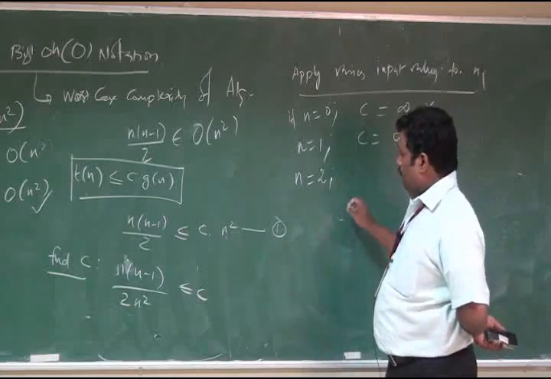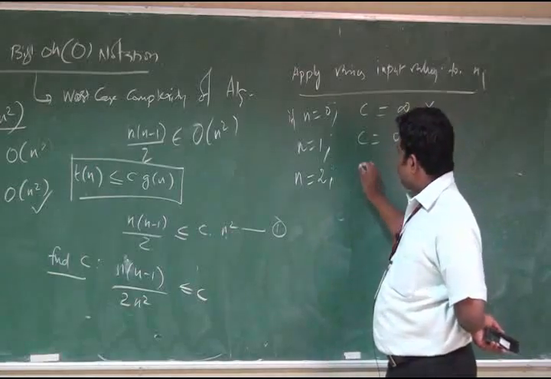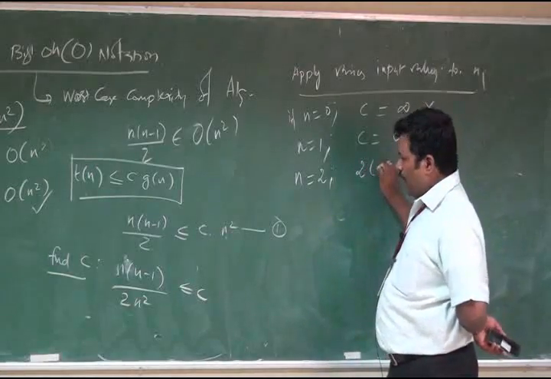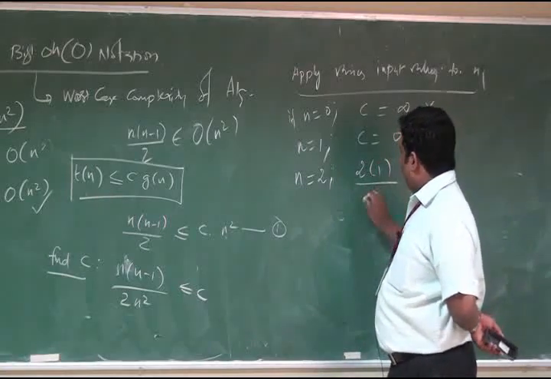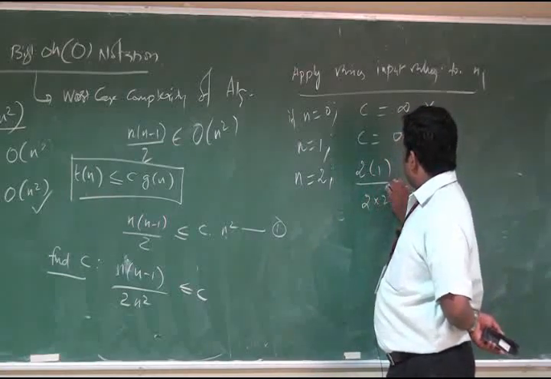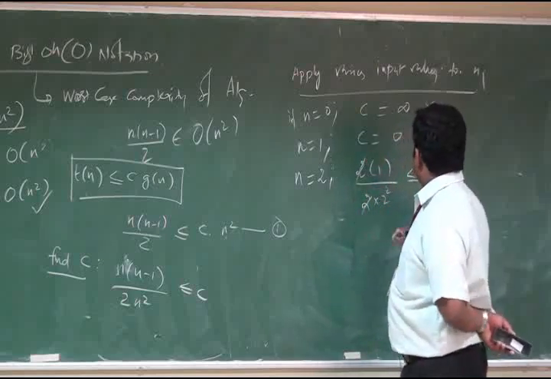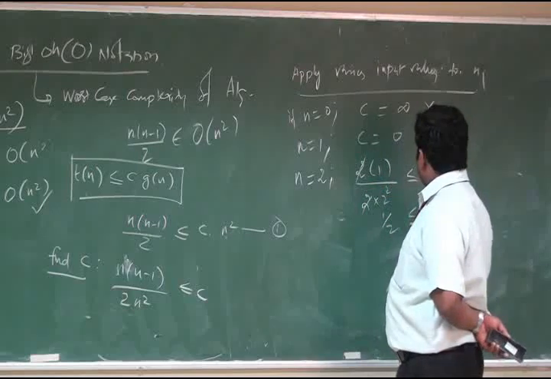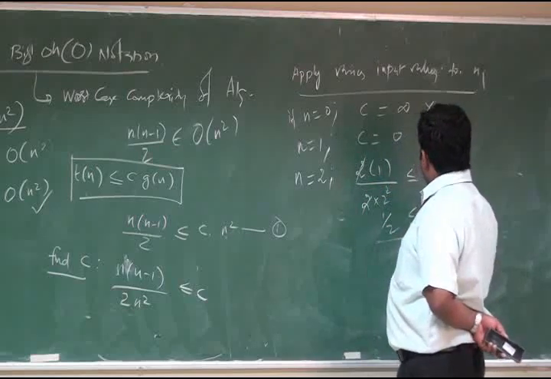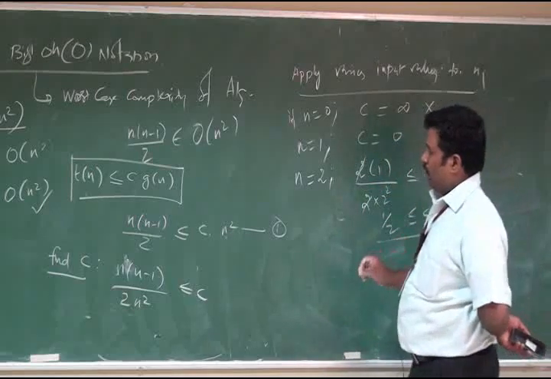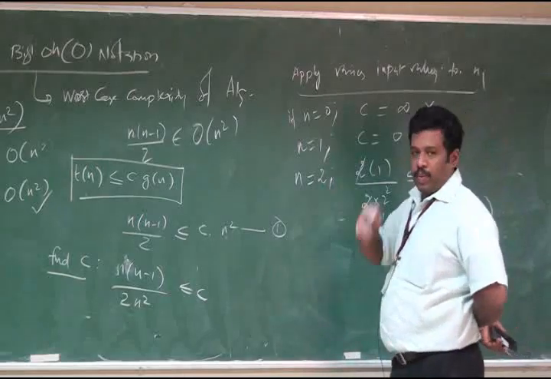It means 2 into 1 divided by 2 into 2 square less than or equivalent to C. So 1 by 2 is less than or equal to C. It is also positive.